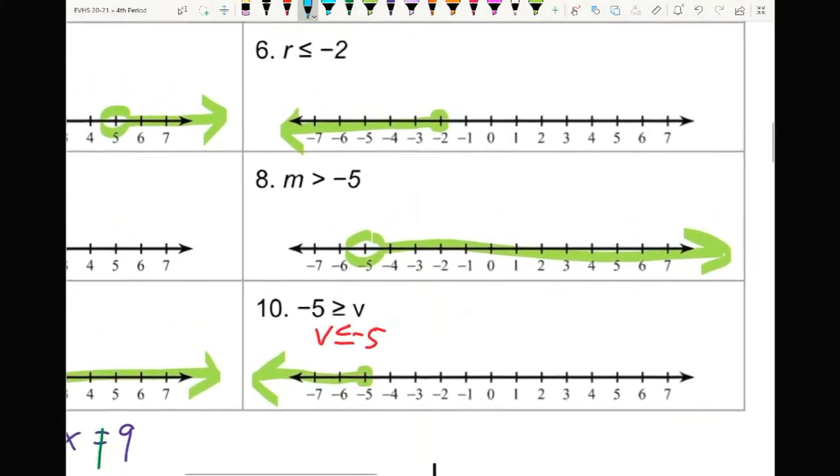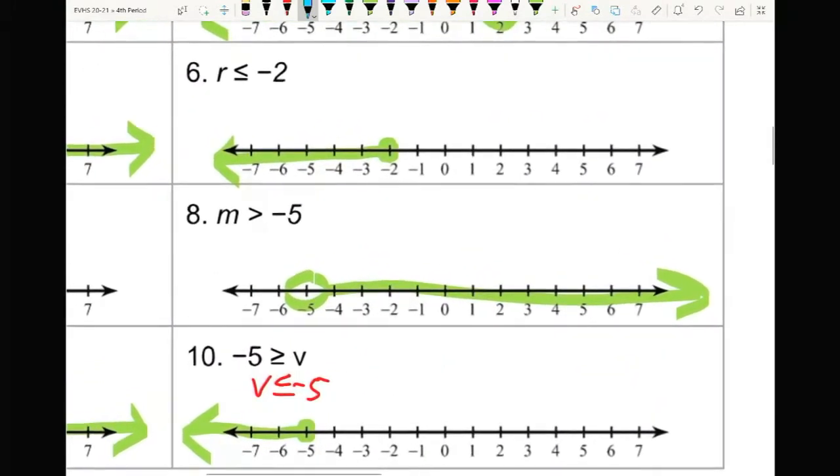Now, remember what these graphs actually mean. Like over here on number 9, we'll use these two as the example. Any point that is inside of that line counts as an answer to the inequality because it makes the inequality true. Like, for example, if I threw in 0, is 0 greater than negative 5? Yes. Over here, what about negative 3? Is negative 3 less than or equal to negative 2? Yes.